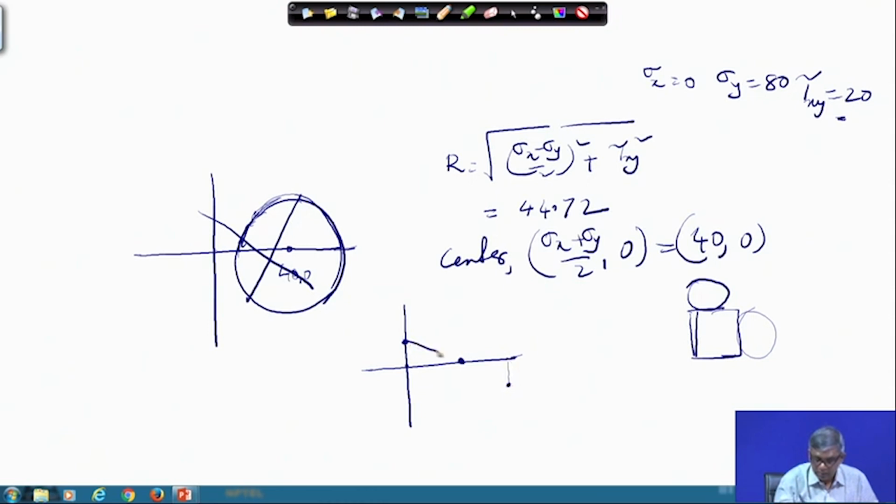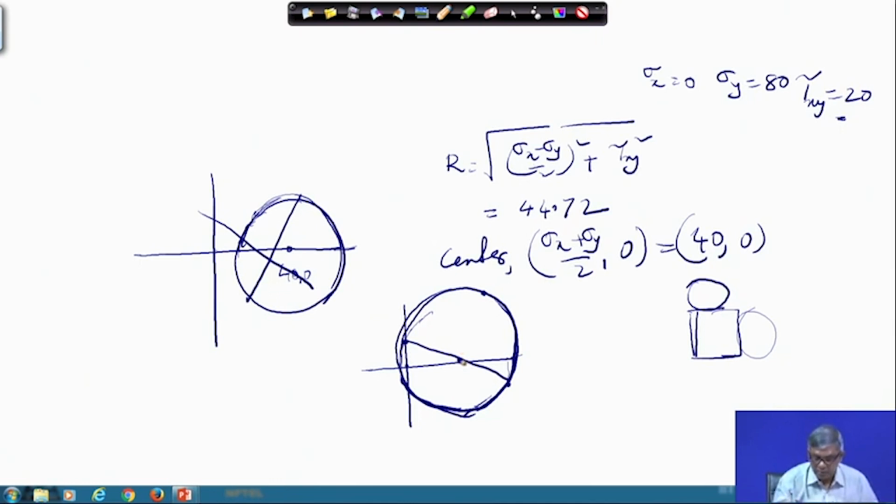So, I can join this and draw the circle, or taking this as center and with that radius also you can do, either way you can do. So, your circle will become something like this. Okay. So, from here a number of things we can get once we have got this.